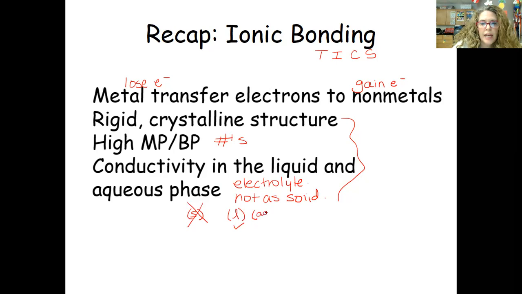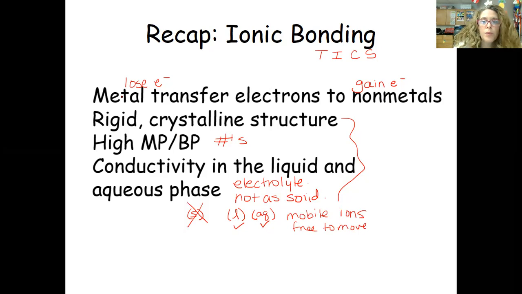And if you see an AQ, then it is conductive. Ionic bonds are conductive in the liquid or aqueous phase because they have what we call mobile ions. That means the ions are free to move, which is an electrical current, because a current means movement. So that's our ionic bonding.